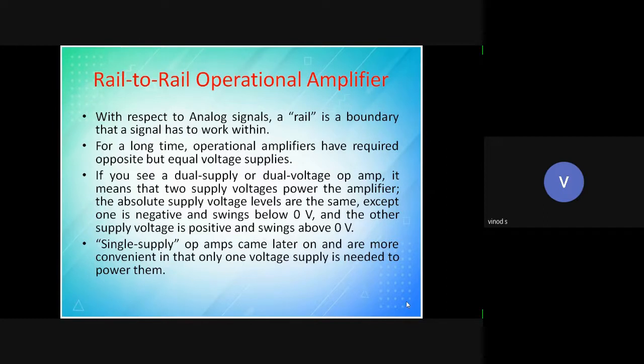If you see a dual supply or dual voltage op amp, it means two supply voltages power the amplifier. The absolute supply voltage levels are the same, except one is negative and swings below zero, and the other supply voltage is positive and swings above zero. Single supply op amps came later and are more convenient in that only one voltage supply is needed for them.